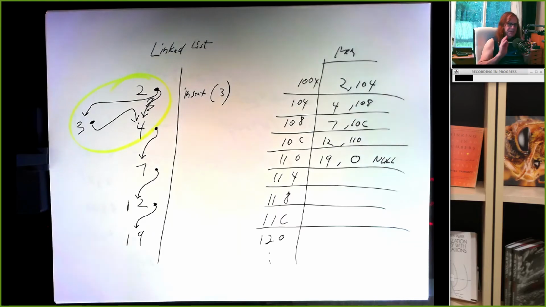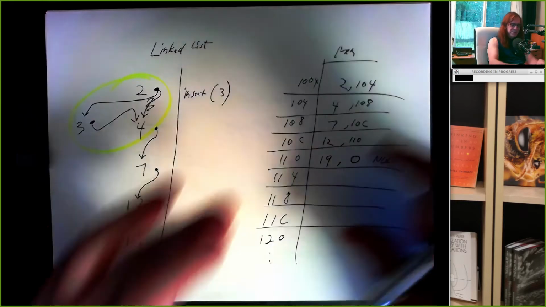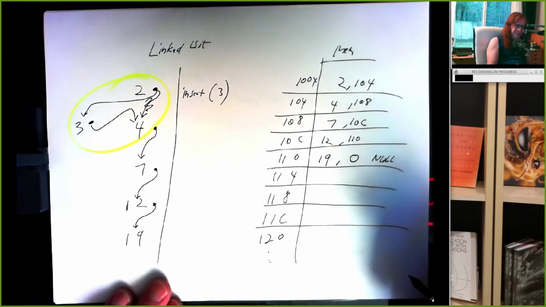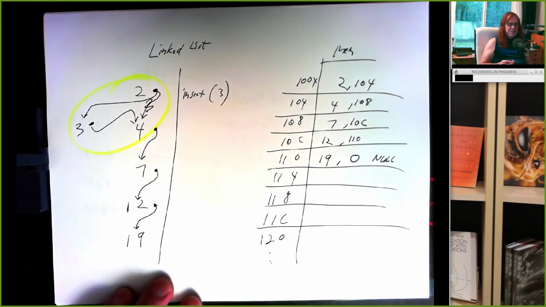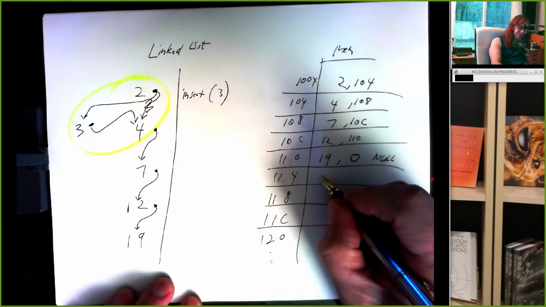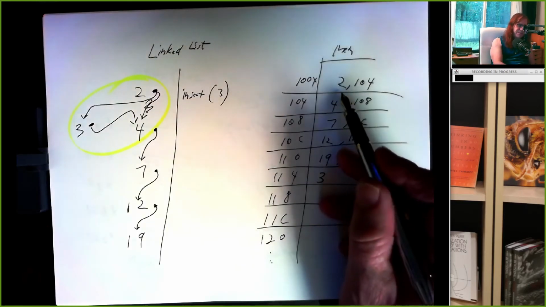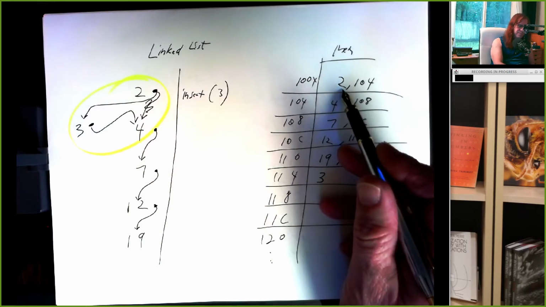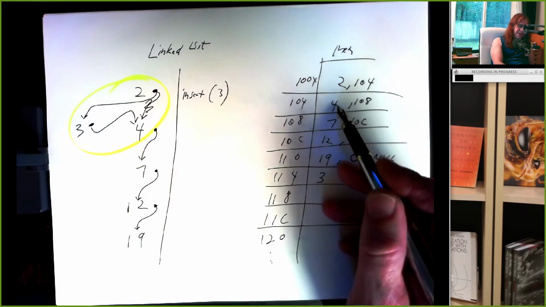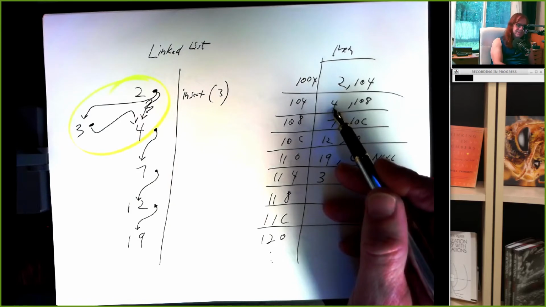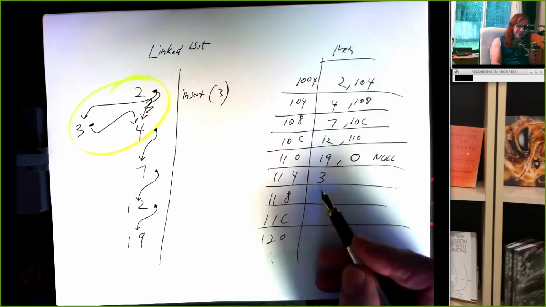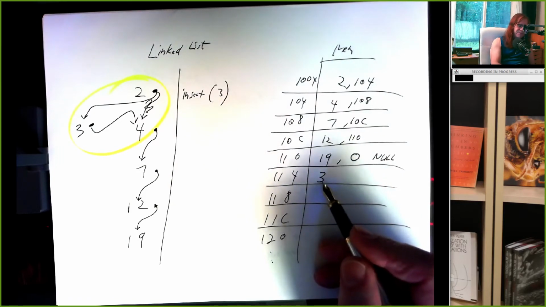Alright, so here comes the magic. Watch this. You're going to do this like a billion times this quarter. So here's time number 1. Let's insert a 3 into this linked list. Well, we've got to store the 3 somewhere. I'm just going to store it here because that's an available location. And I want it to come after the 2, and right before the 4. So how do I indicate that this 3 is followed by the 4?